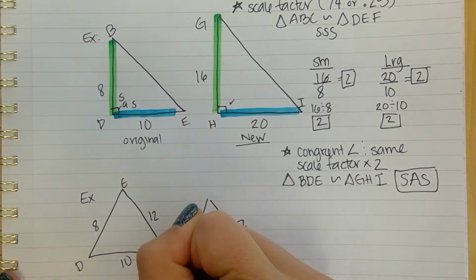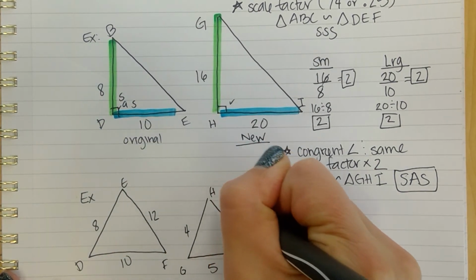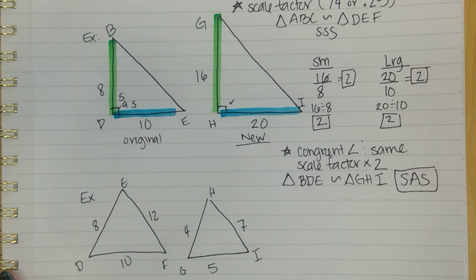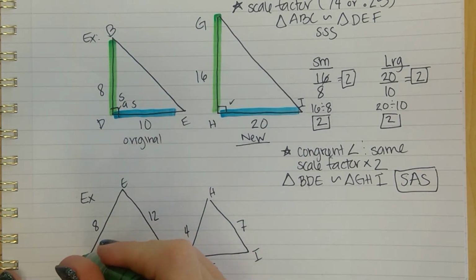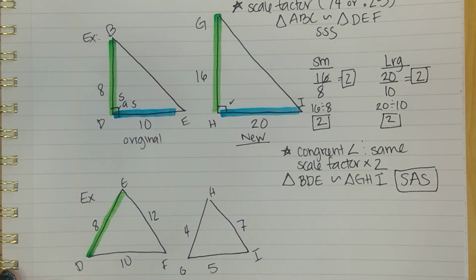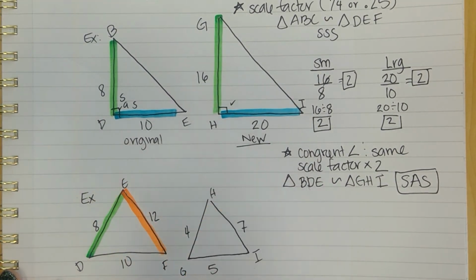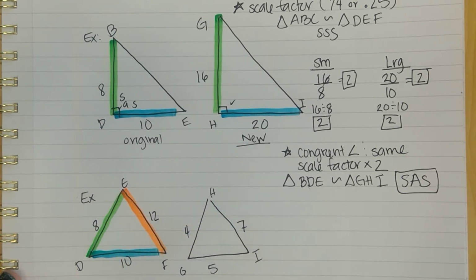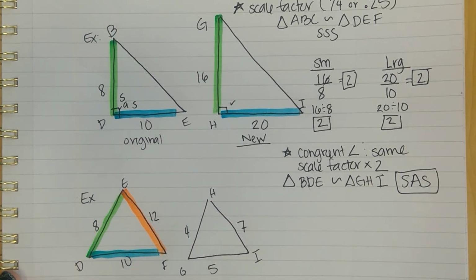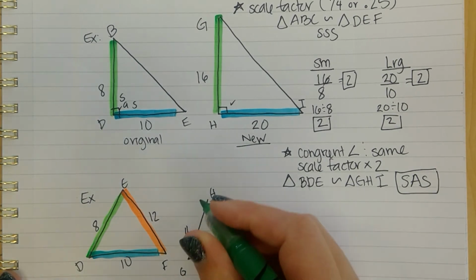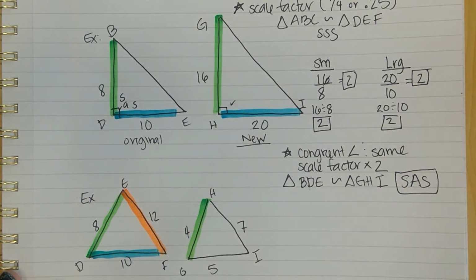I'll call this D, E, F, G, H, I. For each triangle, I have a small side, so 8 is the smallest side. My medium on this triangle is 10. I'm going to make medium 10 blue, and my large side is 12. So small, medium, large. When I match it up over here, small is 4, medium is 5, large is 7.